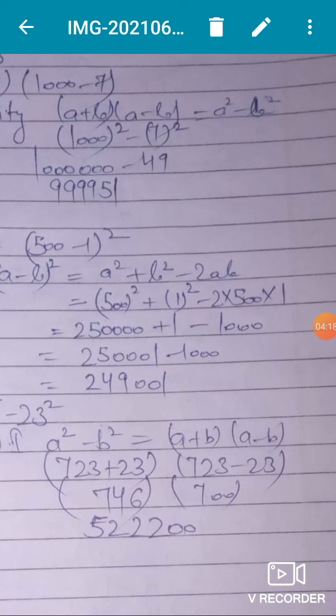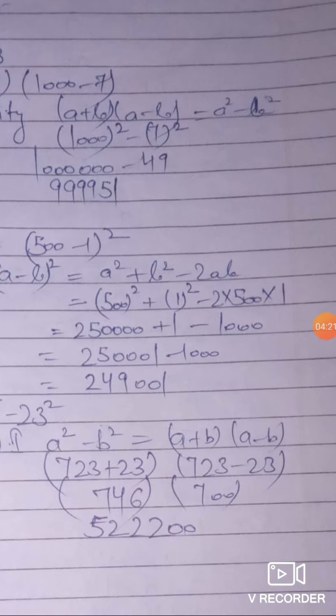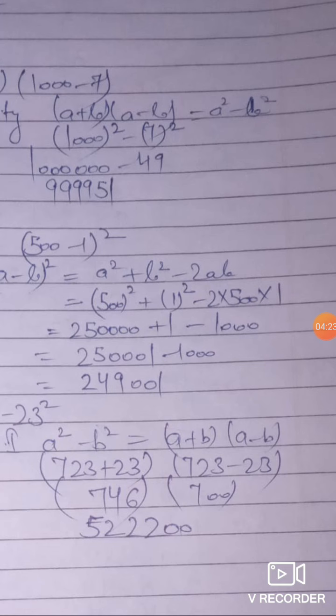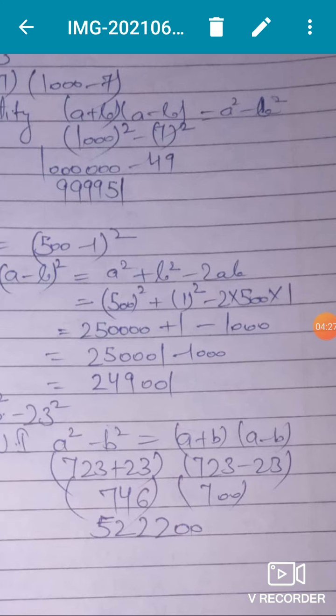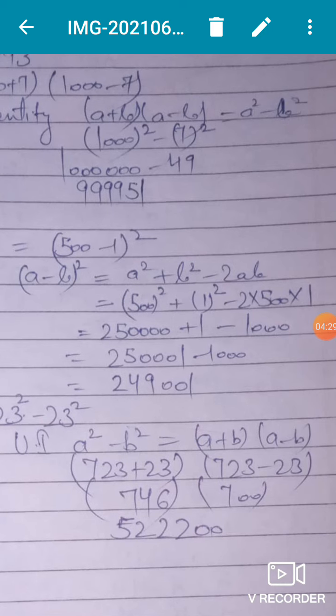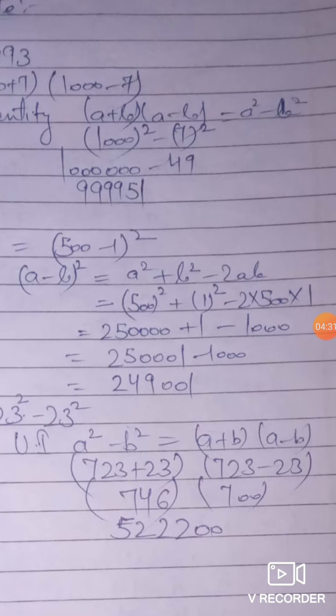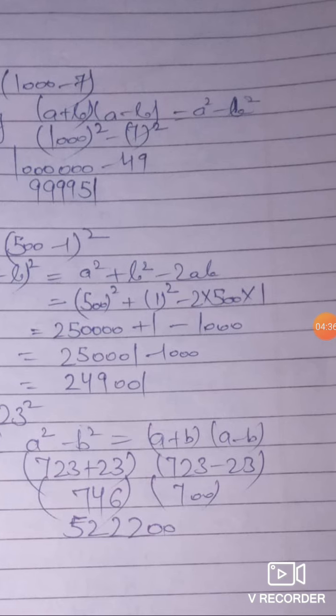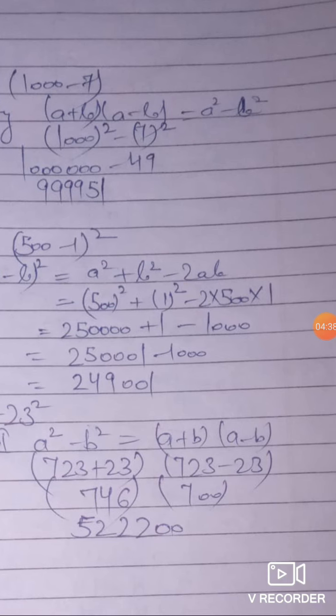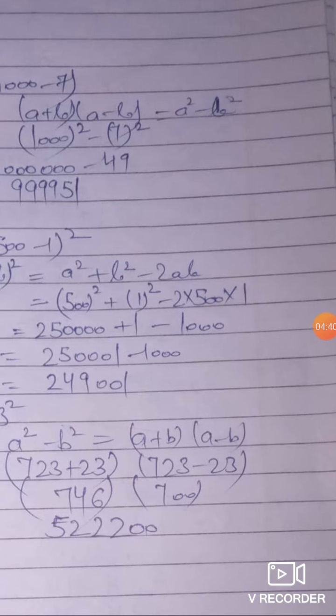So put the values in the identity: 500 square plus 1 square minus 2 into 500 into 1. 500 square: 5 square is 25, and 100 square is 10,000. There are 2 zeros, they will double, so instead of 2 zeros there will be 4 zeros. Plus 1 square is 1 only. Then 2 into 500 into 1.